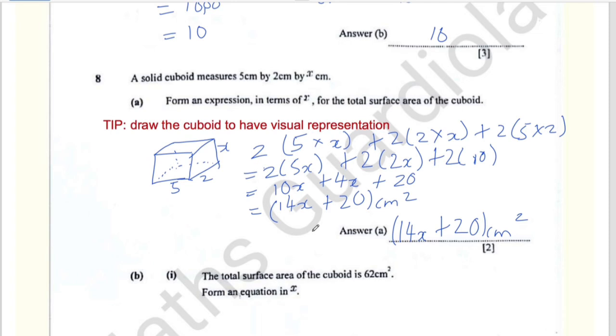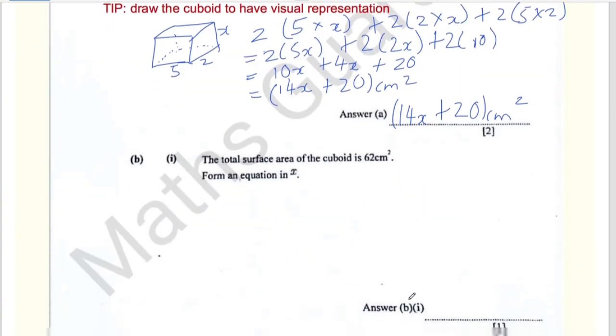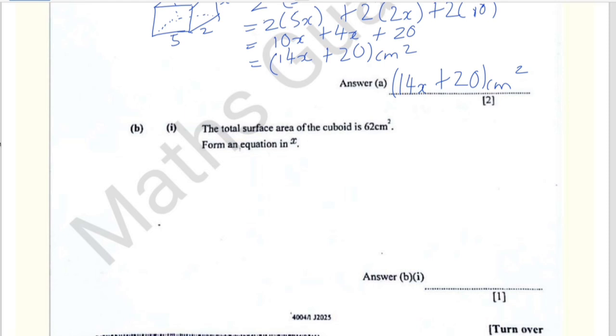The next one says the total surface area of the cuboid is 62 square centimeters. Form an equation in x. So now that's simple. We've already defined an expression, and we've been given the other part, which is the equal sign. So we equate 14x plus 20 equals 62.